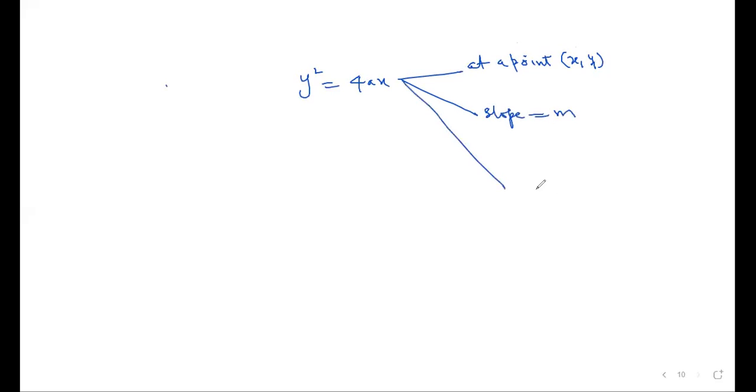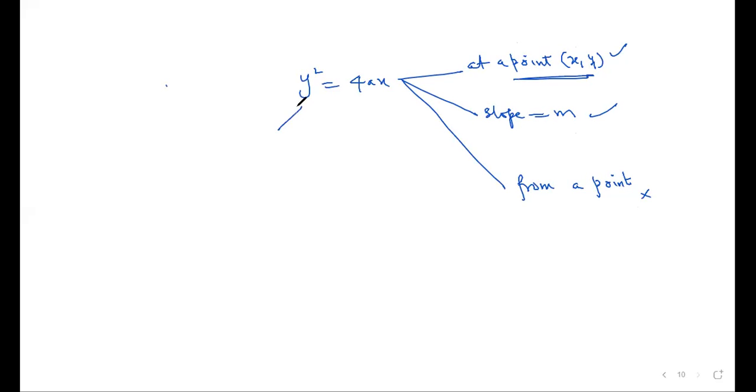First and foremost thing, we learned how to find the equation of a tangent at a point, where the point is on the parabola. Then we said equation of tangent when slope is given to you. And then we said equation of tangent from a point. So three types of problems are there here. These two have formulas, this has no formula.